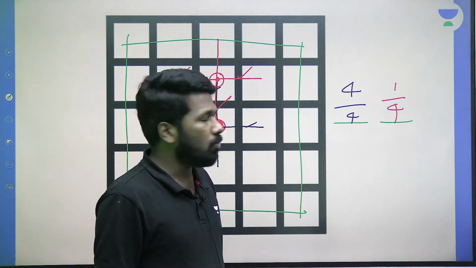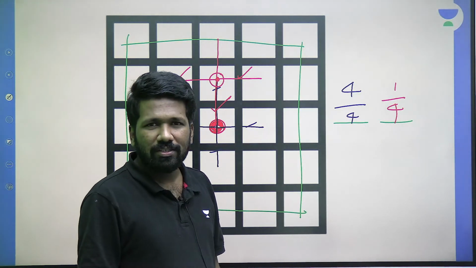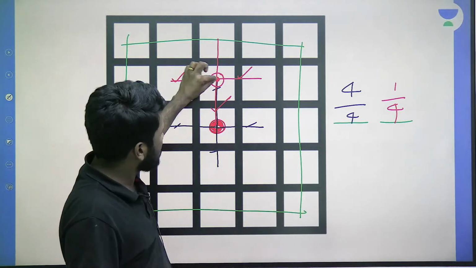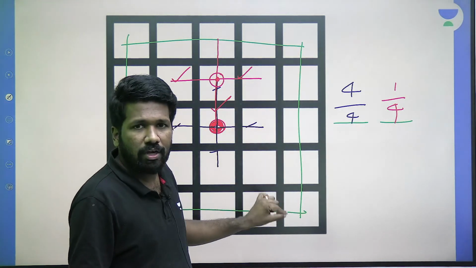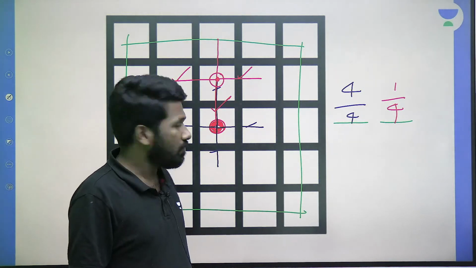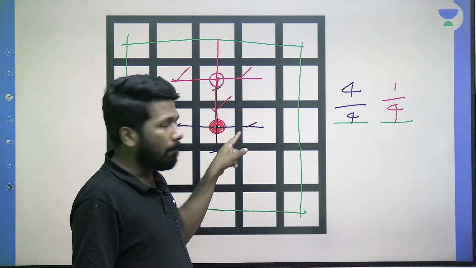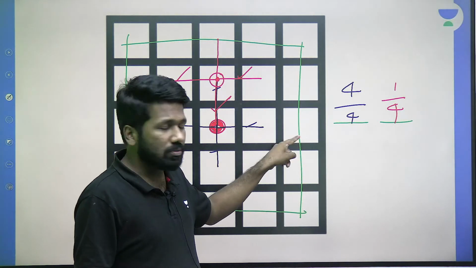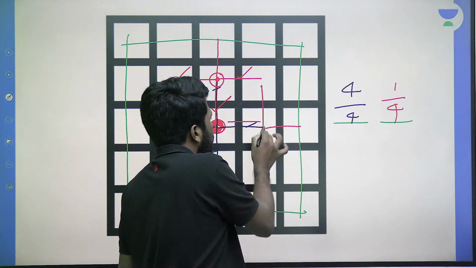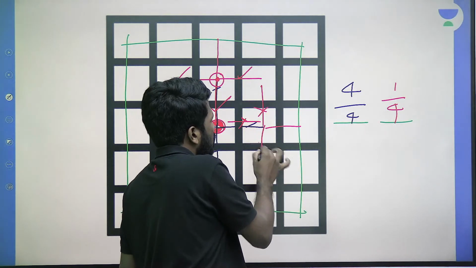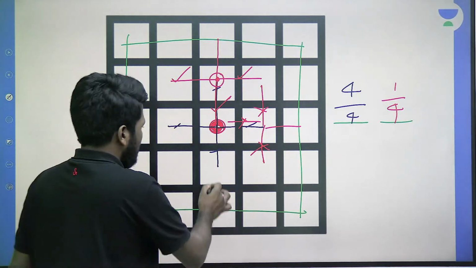In the total outcome it is counted, but it is not a required outcome. Are you all understanding? That is the case of this movement. Same way for this also. Those are the only 4 possibilities: 1, 2, 3, 4. But only one movement is the required outcome. All other movements are not required outcomes but are counted in the total outcome. Same here also.